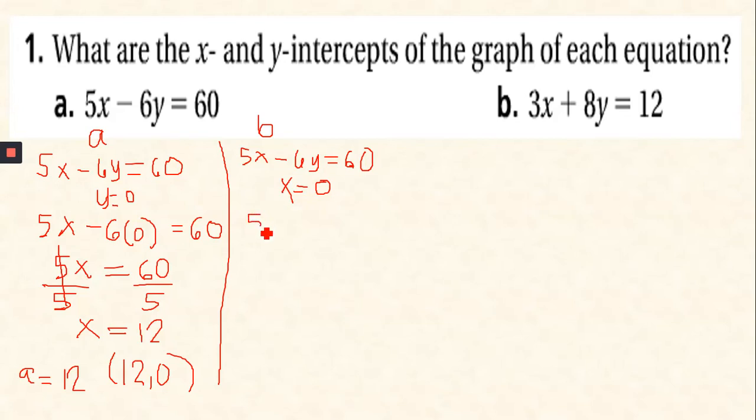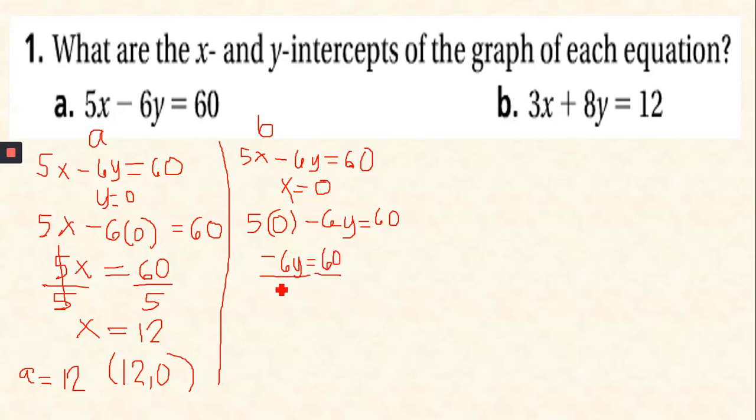So 5 multiplied by, instead of writing x, you're going to substitute it by 0. Minus 6y is equal to 60. Okay? 5 times 0 is 0. No need to write it. So you now have negative 6y is equal to 60.